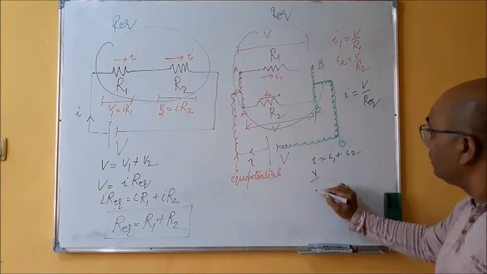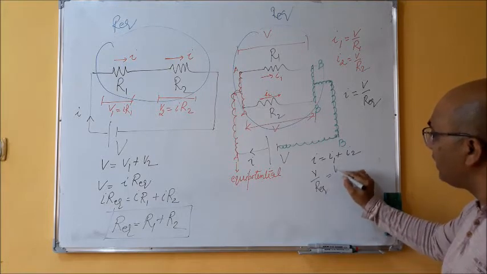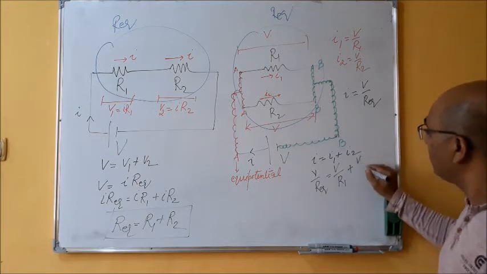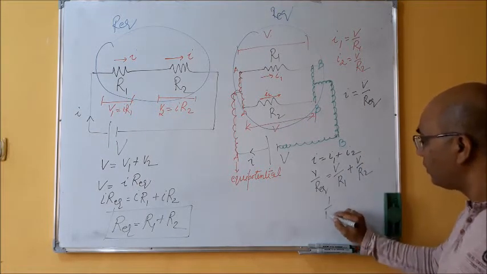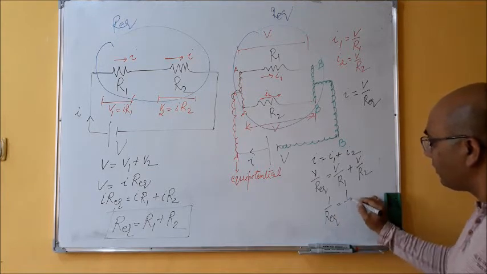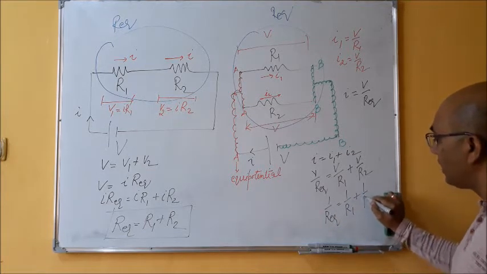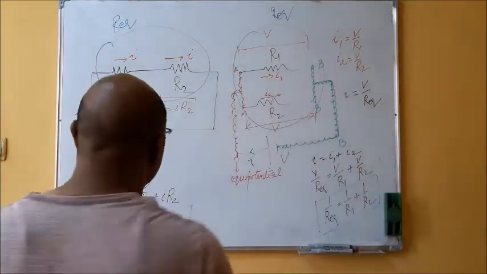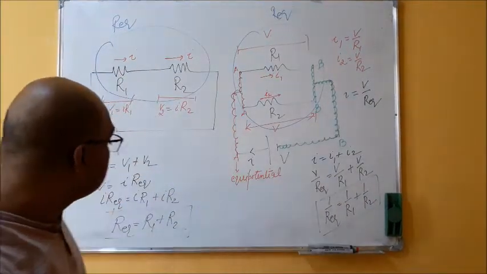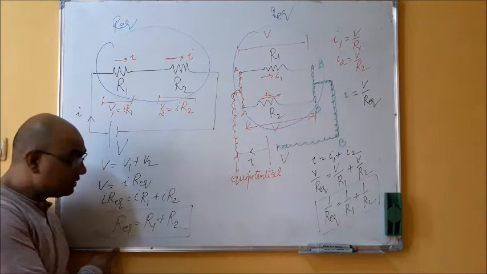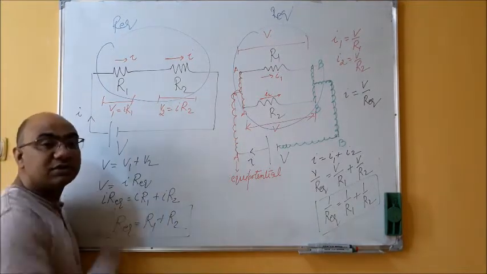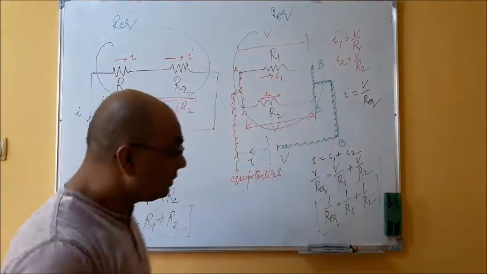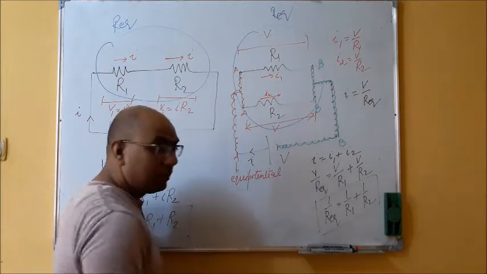So V upon R equivalent is V upon R1 plus V upon R2, and hence 1 upon R equivalent is 1 upon R1 plus 1 upon R2. Hence if resistances are connected in series, the equivalent resistance is given by the sum of the individual resistances, while if they are connected in parallel, the resistance is given by this formula.